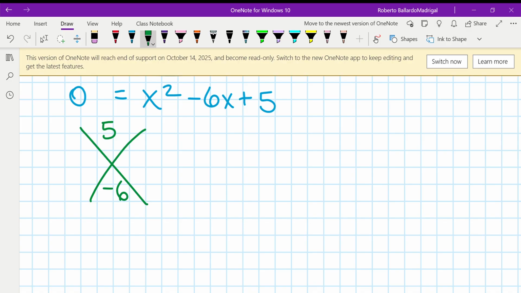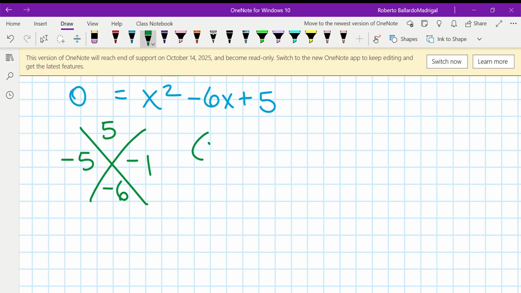So that means that the two numbers are going to be negative. So the two numbers that multiply to 5 and add to negative 6 are what? Negative 5 and negative 1.